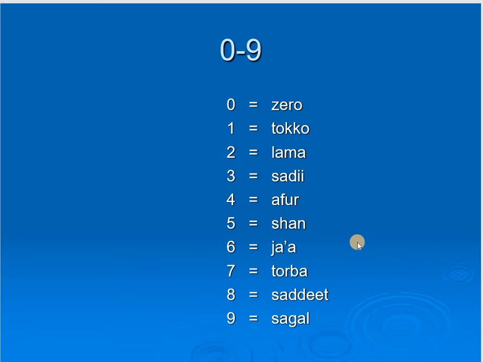We call them 0, tokko, lama, sadi, afur, shan, ja'a, torba, saddeet, sagal. Sometimes we also call 0 duwa, so you can call it either 0 or dua.